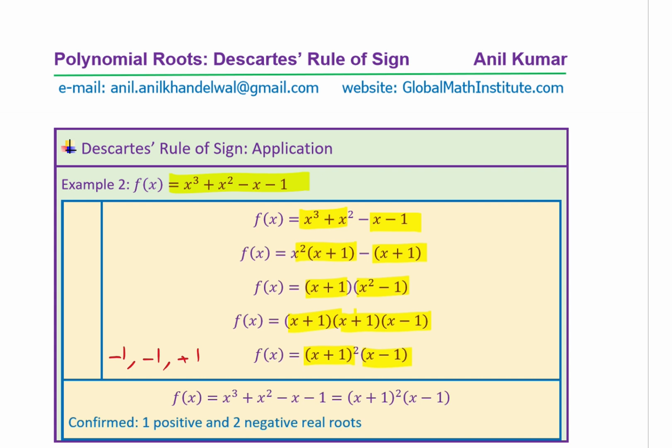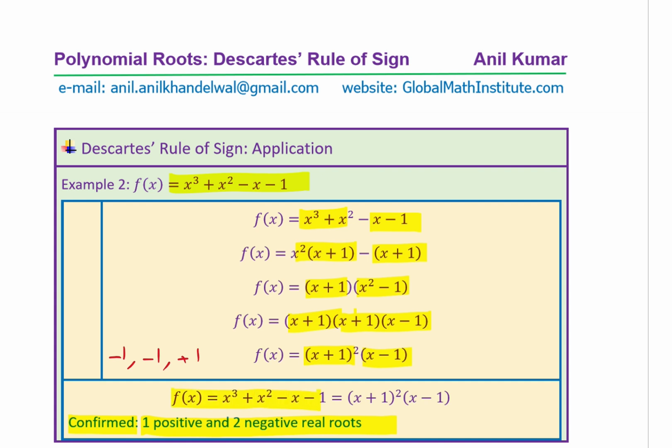As expected, we were expecting for sure one positive root, two or zero negative roots. We get two in this case, right? So no complex roots, correct? We could factor this as x plus 1 whole square times x minus 1. That really confirms what we had thought about. We have one positive and two negative real roots for the function given to us.